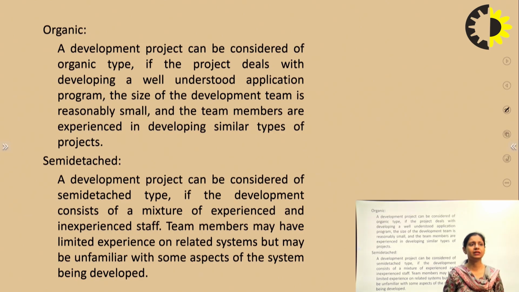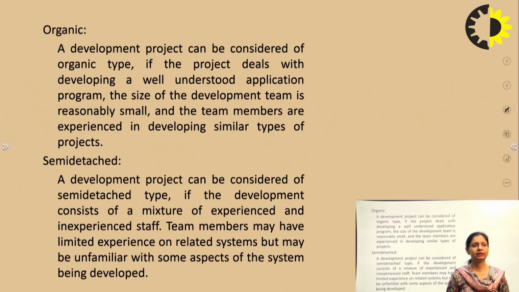So here, in the organic mode, we talk about developing a software which is clearly understood by the developers. The developers also have the knowledge so that they can develop similar types of projects, and the size of the development team is small.